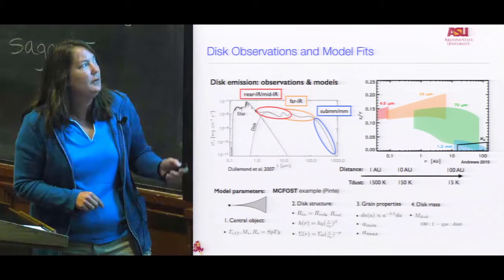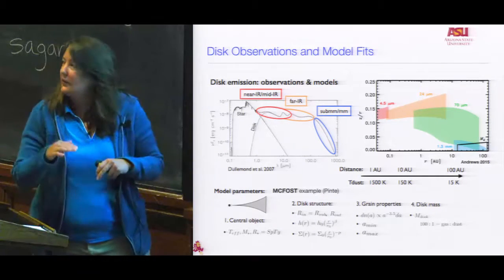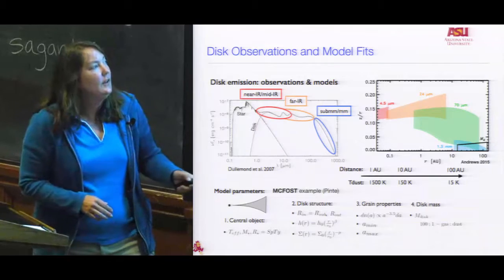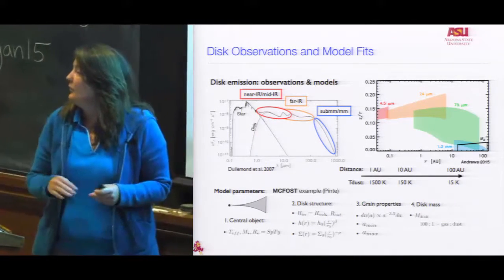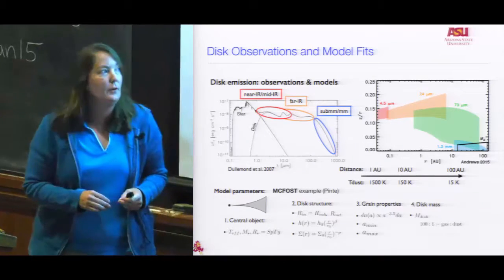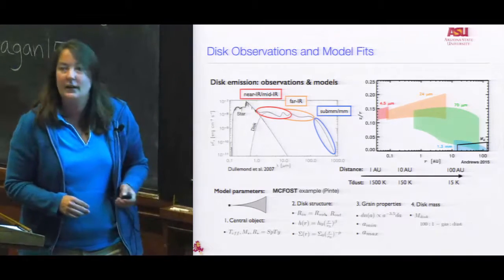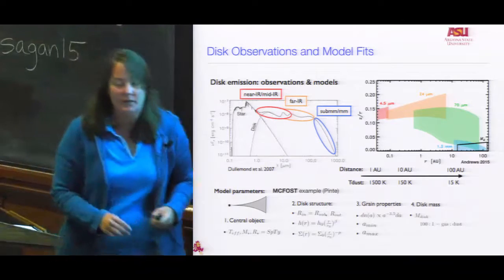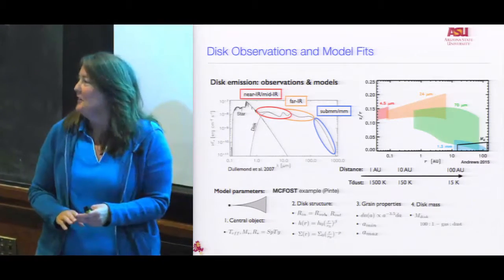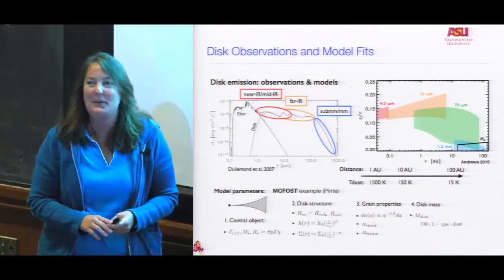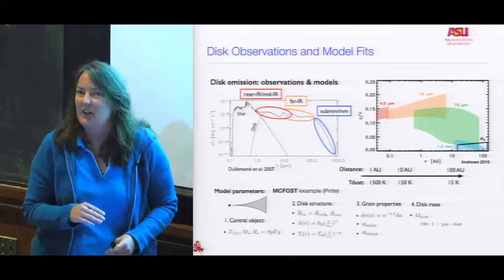So there are structural parameters like the inner and outer disk, the scale height, the surface density profile, the grain properties, what sort of sizes and what distribution of those sizes are present in the disk, and then what sort of overall disk mass there is. Now there's certainly degeneracies in these models, but that gives you an indication of the factors that go in.